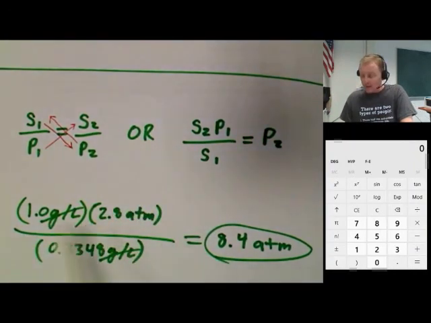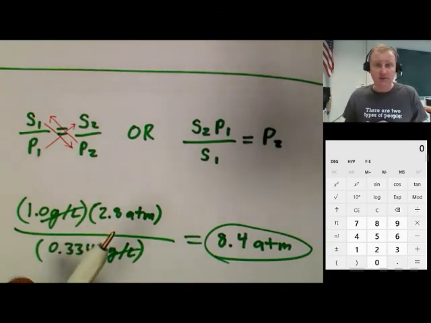I calculate it through, and I get 8.4 atmospheres. And that makes sense. 8.4 atmospheres is a lot more than the 2.8 atmospheres I started with, so it took a lot more pressure to increase the solubility.